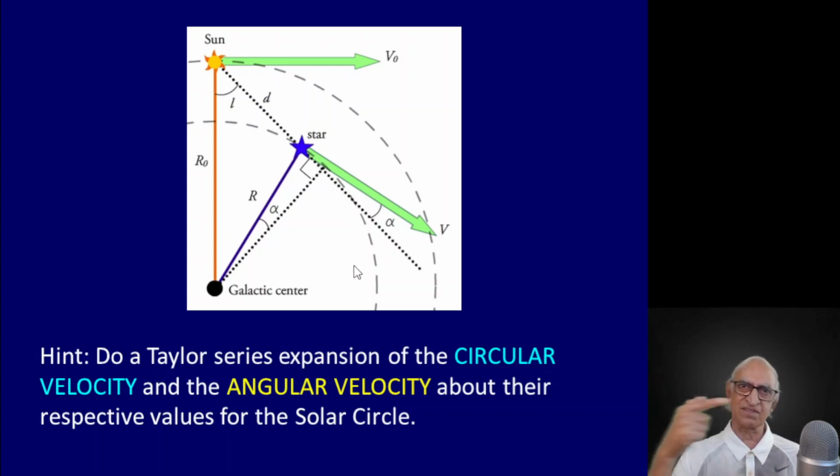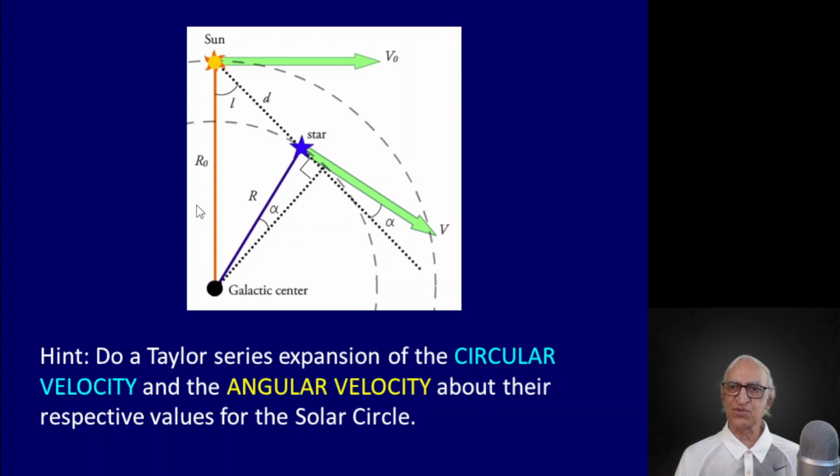Remember, the velocity is always tangent to the circle on which the star is located. So, all you have to do is to derive the radial velocity. You have to decompose this velocity into a radial component and a transverse component. Radial component will be obviously v cos alpha, and then the transverse velocity will be v sine alpha.